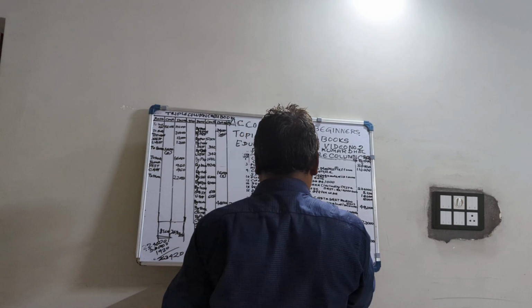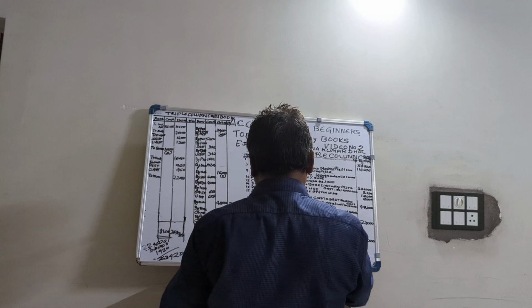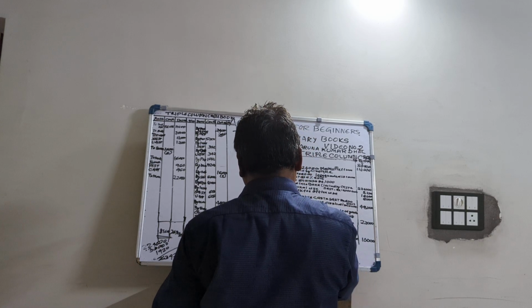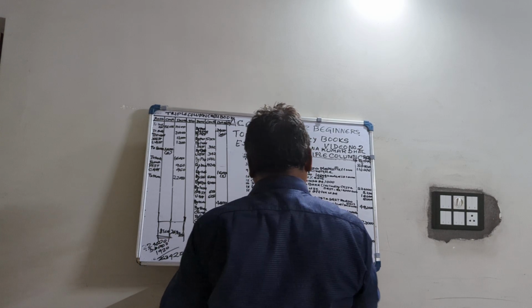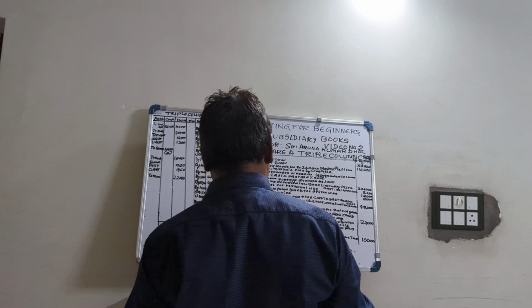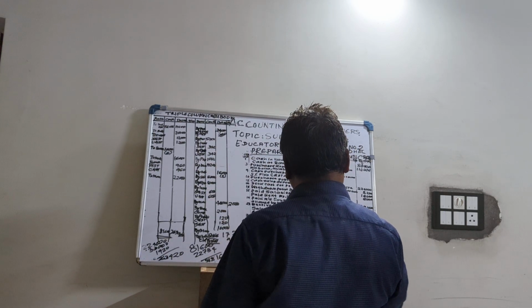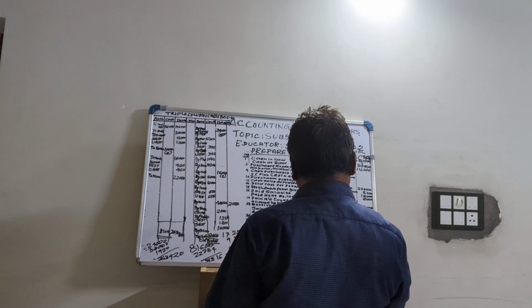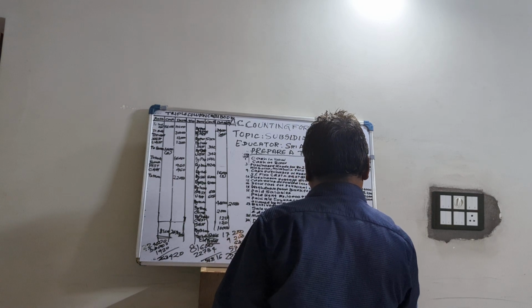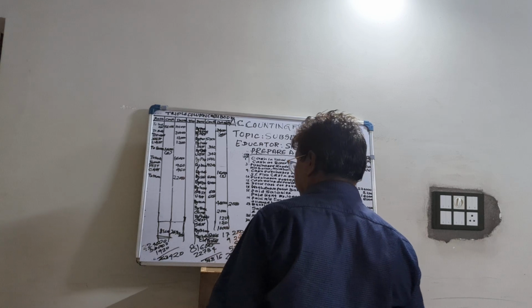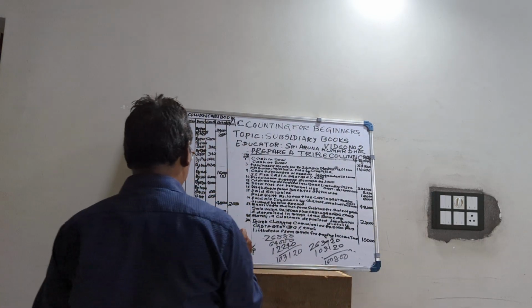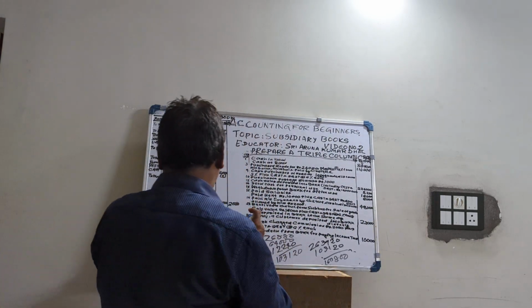So the credit total comes to 103,120. So it will be deducted from 263,920. The difference is 160,800. This is by balance carried down.